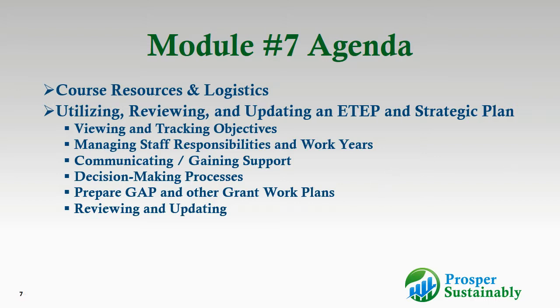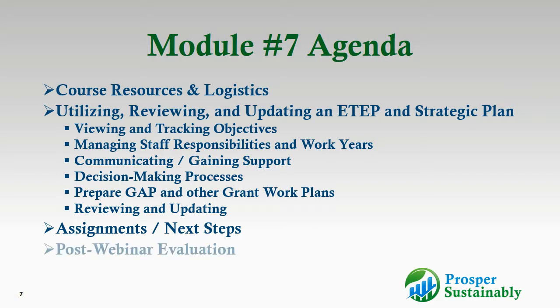We'll go through each of these topics, including viewing and tracking objectives, management of staff, gaining buy-in and communicating what's in your plan, utilizing this for decision making, using your ETEP strategic work plan to prepare your GAP and other grant work plans, and then the process of reviewing and updating your strategic work plan and your strategic plan. After that, we'll rehash the assignments and next steps. I do ask you to complete the webinar evaluation at the end to help me improve, and let me know if you have any questions.